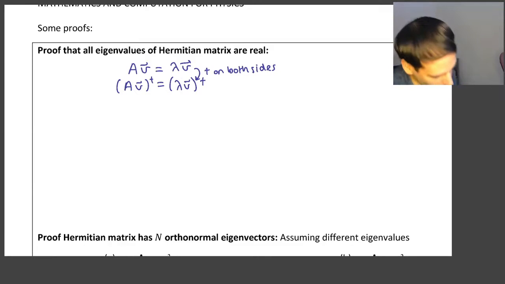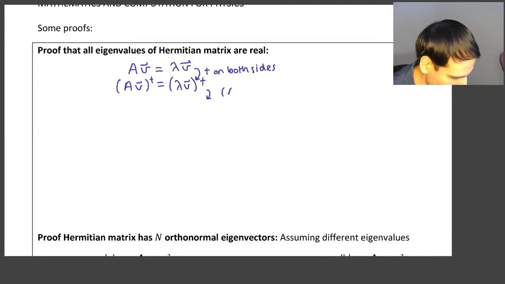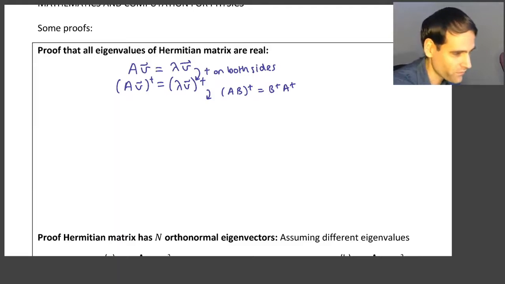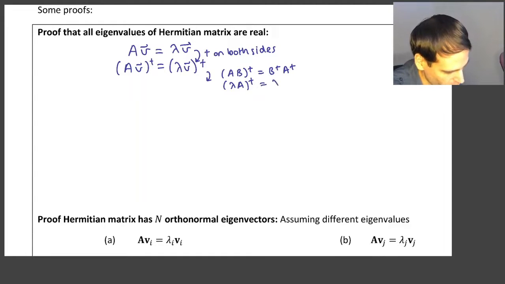Next, we apply the property of the dagger operation: you remember if you have 2 matrices A, B, and you do the dagger operation, (AB) dagger is equal to B dagger times A dagger. So you have to swap them around, yeah? And also the dagger operation, if you have lambda times matrix A and you do the dagger of that, that's equal to lambda complex conjugate times A dagger.